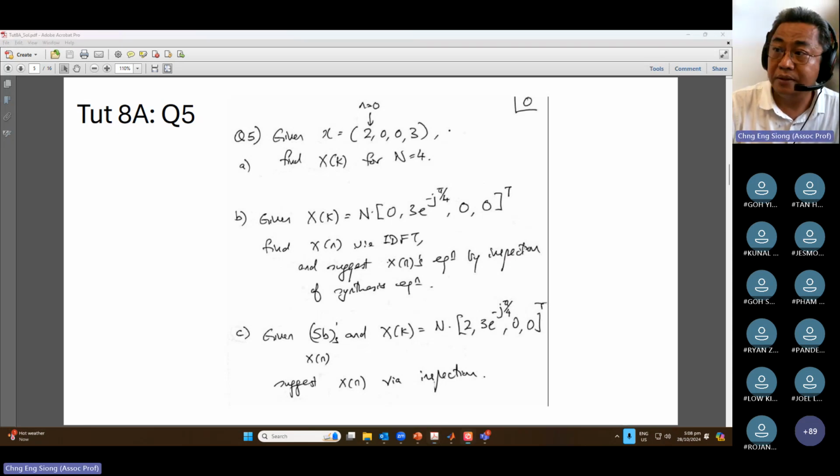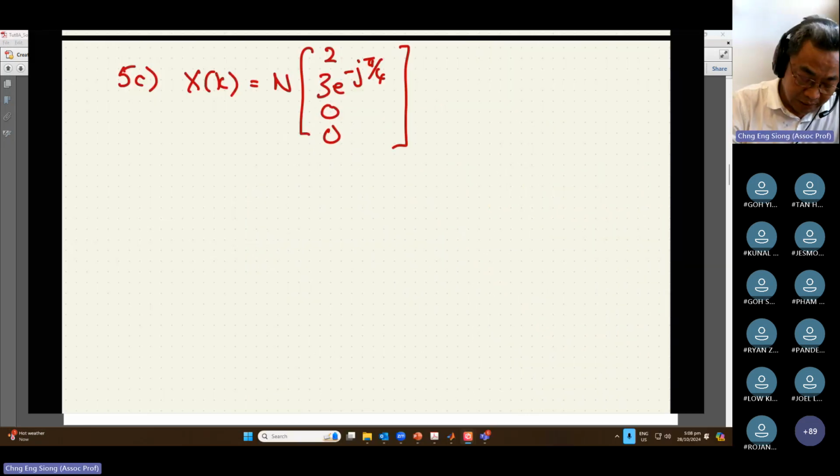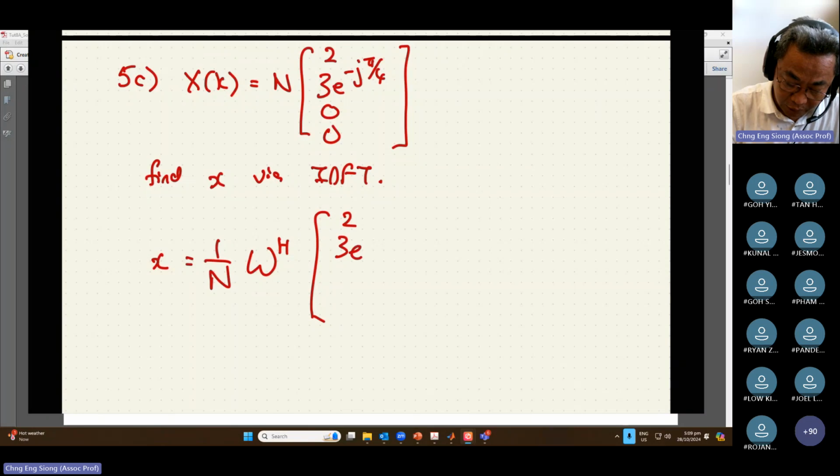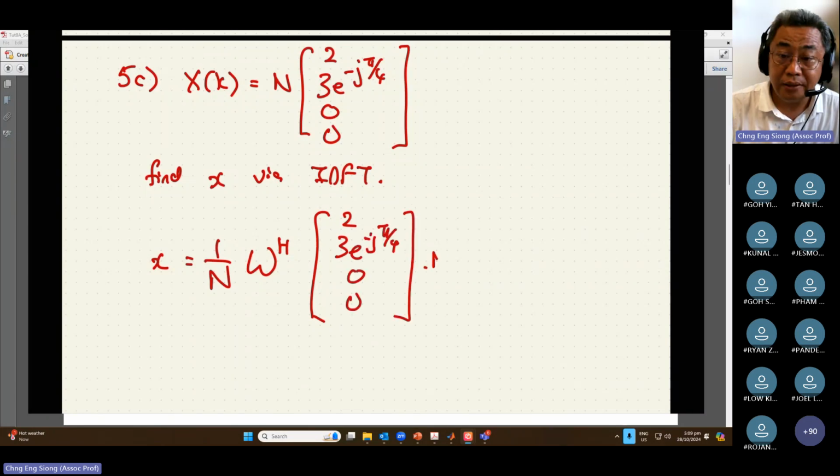I'm asked to find small x via IDFT. Again, small x equals 1 over N W^H times [2, 3e^(-jπ/4), 0, 0]. And we have N here. This N came from this N.